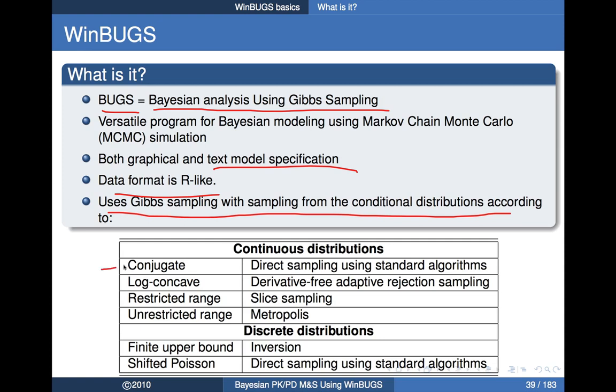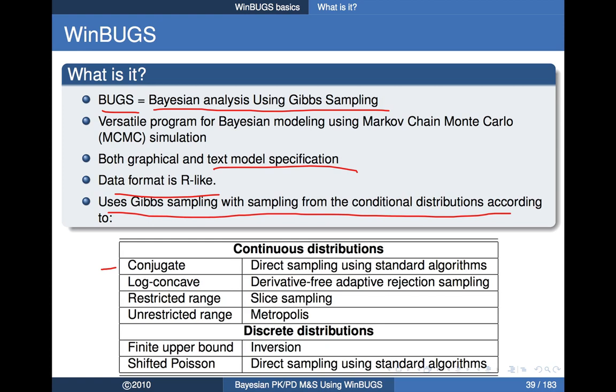Now in some cases, WinBUGS will be able to discover that certain elements within the model are actually conjugate, using conjugate prior likelihood combinations. Those are situations where the posterior and the prior are from the same family of distributions. So for example, in the example we just did, everything was normal. The prior was normal, the likelihood was normal, and the posterior was normal.